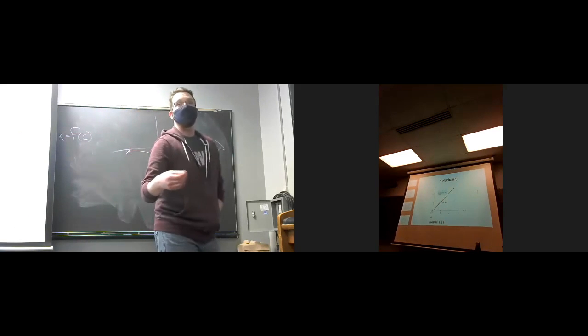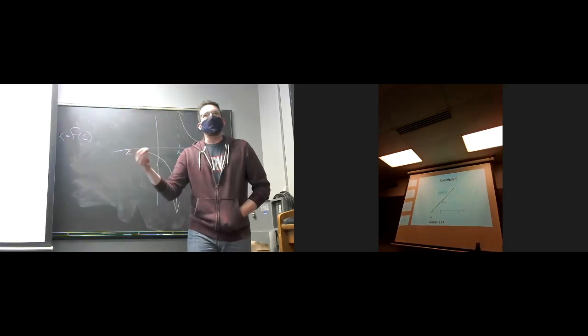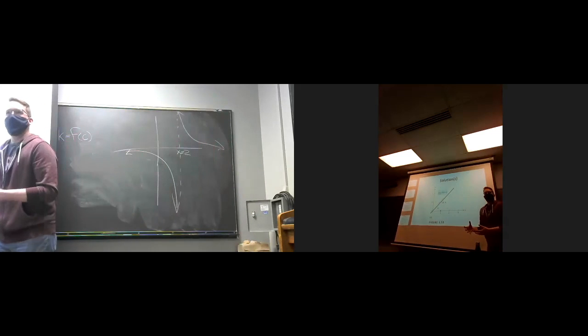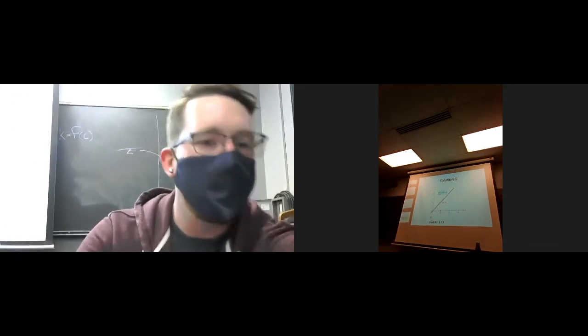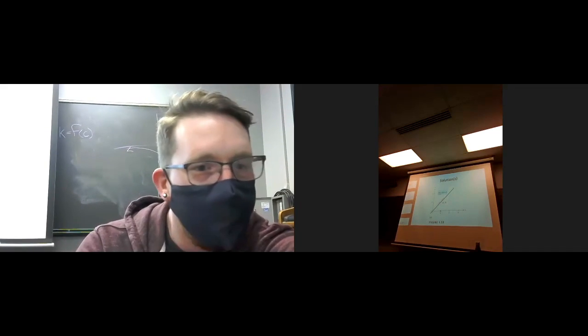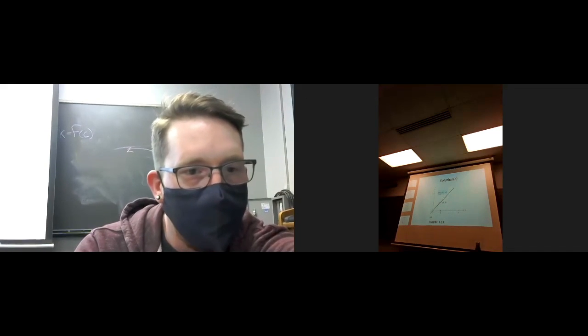So continuity is quite literally saying your graph is continuous. There's no break in it. Make sense what I mean? Yeah? Cool. Having said that, where is this slide now? There it is.